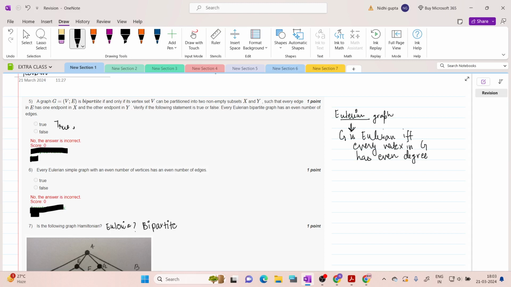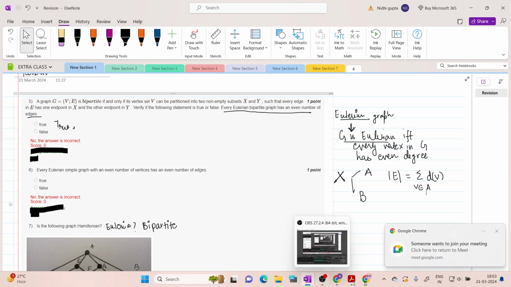Now, once we know this theorem, can you prove why every Eulerian bipartite graph will have an even number of edges? Hint: if G is a bipartite graph, that means we have two bipartitions, A and B. Can we say that the number of edges will be equal to the sum of degrees of vertices in A?